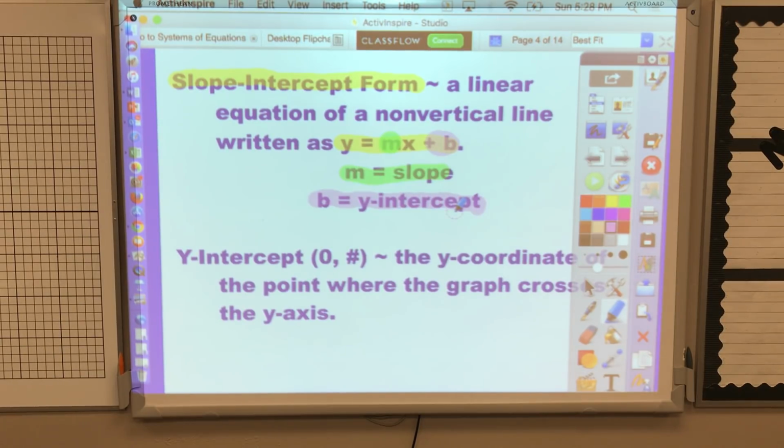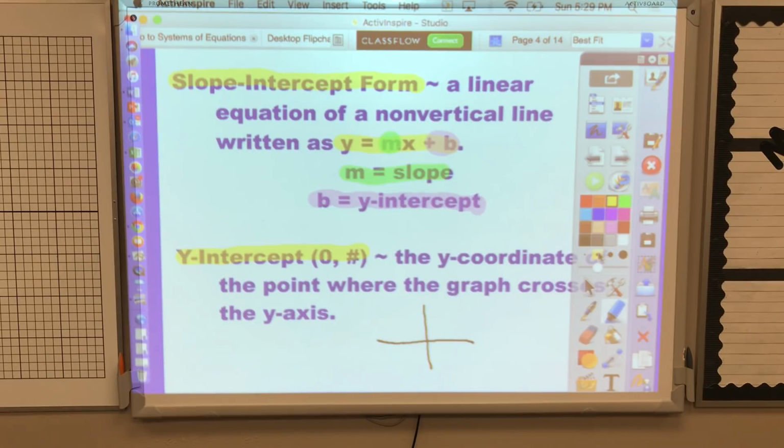So y-intercept, next vocabulary word. In an ordered pair, what it looks like is 0 and a number. Because when your ordered pair is 0, something, if you think about the coordinate plane, 0 for x is on your y-axis.